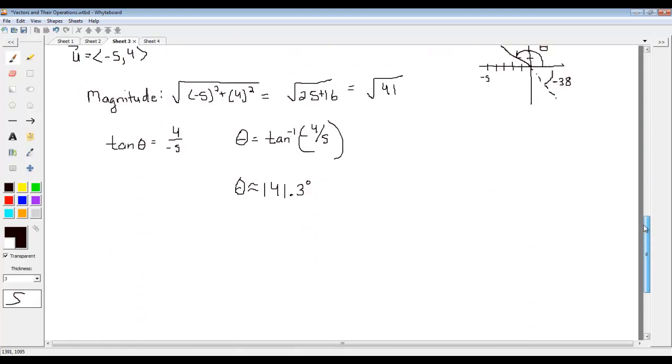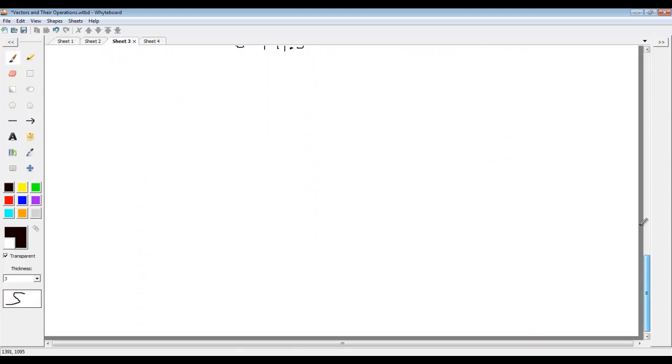So let us go down and take an example where vector V, we're told, has a magnitude of 14.5, and a direction angle of 220 degrees.